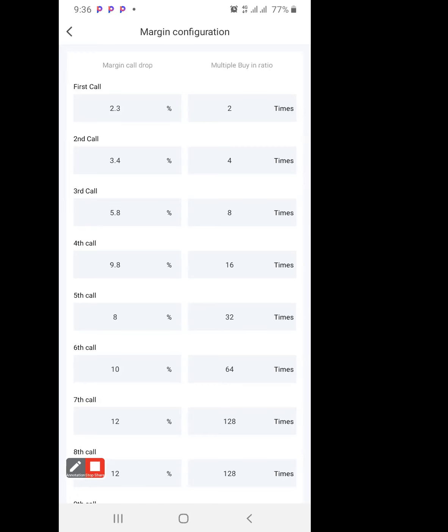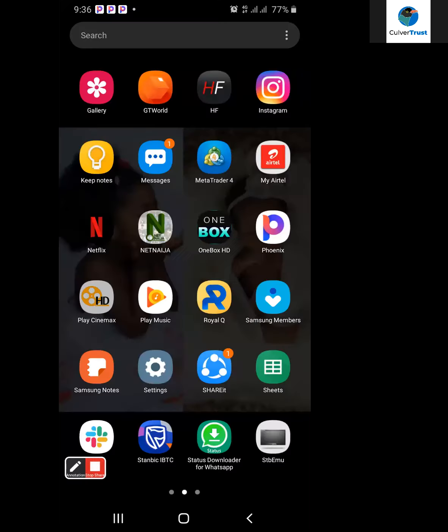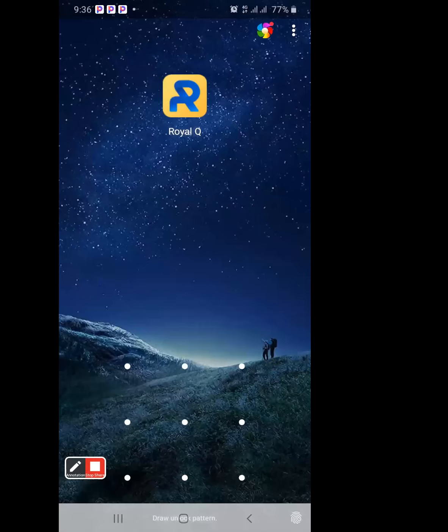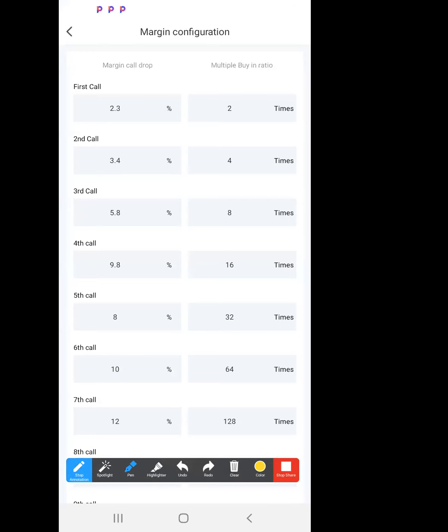So usually how you set this multiple buying ratio is based on your account balance. Your account balance will determine the figures you're going to put here.